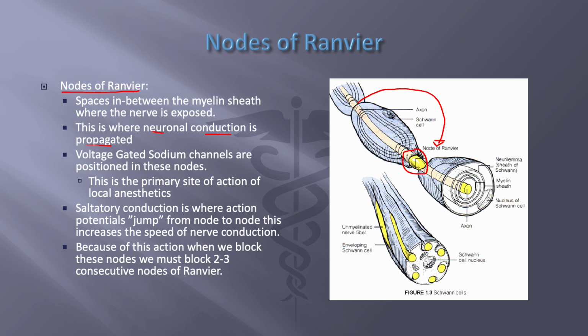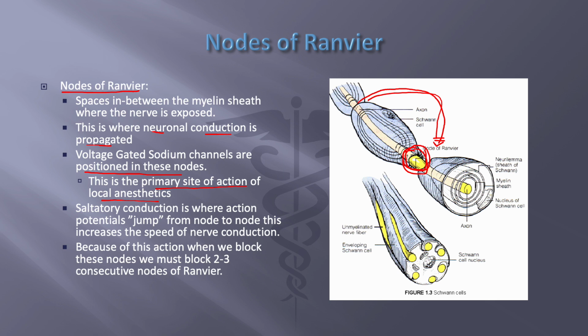Now, this is important because it allows these nerves to conduct that impulse faster. But voltage-gated sodium channels are positioned in these nodes, okay? This is the primary site of action of local anesthetics. So right here in that node of Ranvier, that is where our local anesthetics are trying to bind and work.